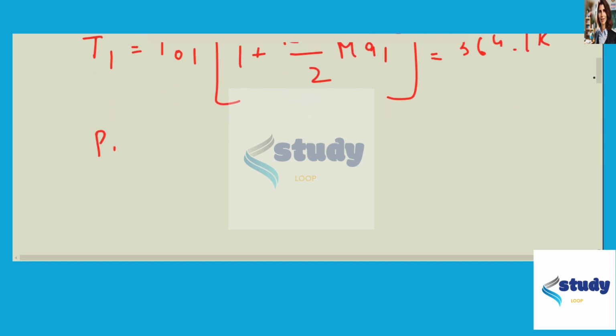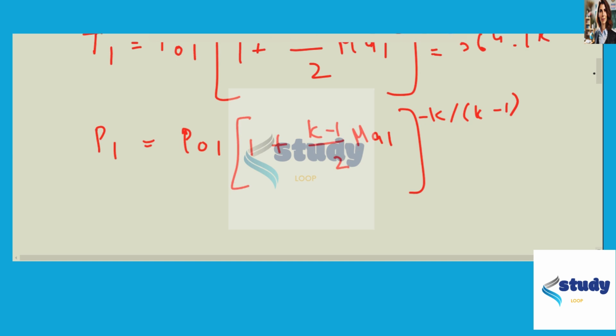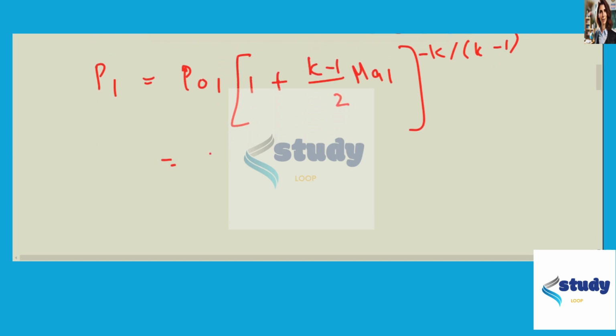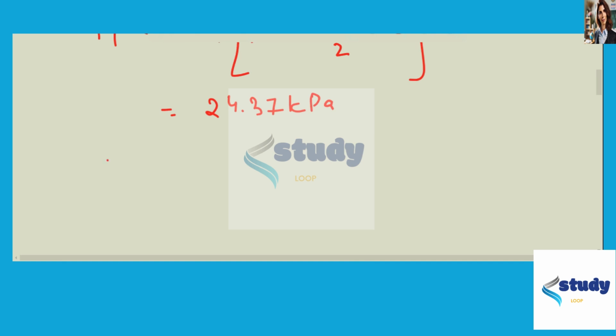Similarly, the static pressure P1 equals P01 into (1 plus (k minus 1) upon 2 into Ma1 square) to the power minus k upon (k minus 1). So when we put the values, we get 24.37 kilopascal. And the inlet density, rho 1, equals P1 upon RT1, and that equals 0.2332 kg per meter cube.